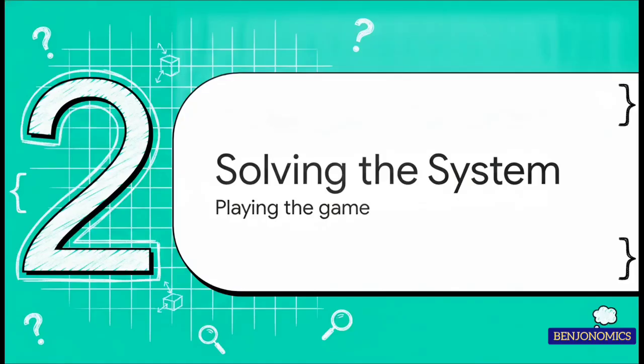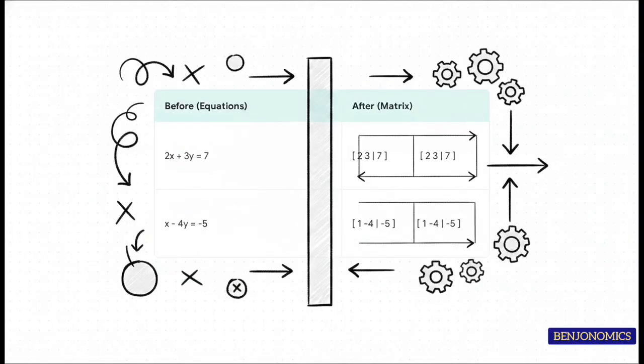Moving smoothly onto part two, solving the system. This is where we take those strict rules and actually play the game. This is visual chunking at its absolute best. By stripping away all the distracting elements, the x's, the y's, the plus signs, the equal signs, we experience this massive sense of relief.